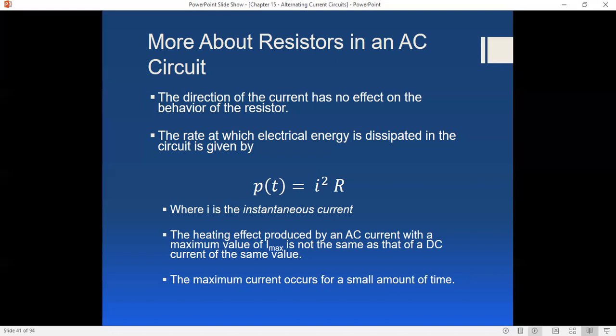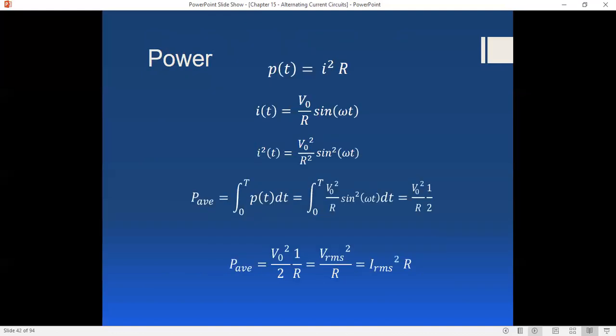So what we want, instead of an instantaneous power, because that doesn't really help us, it's always changing, is to look at an overall average of the power that's being used over a reasonable amount of time.